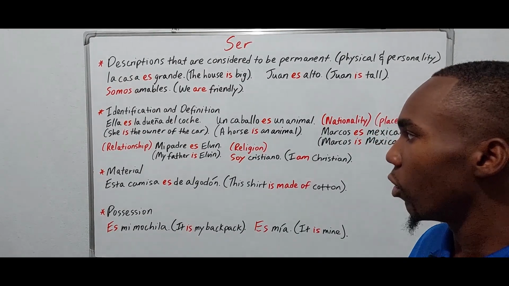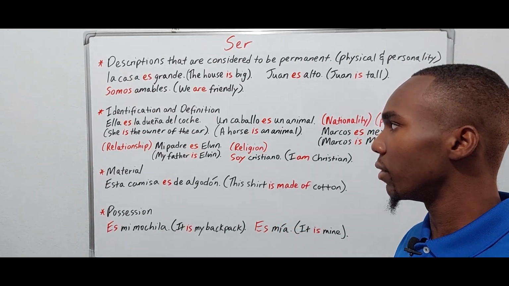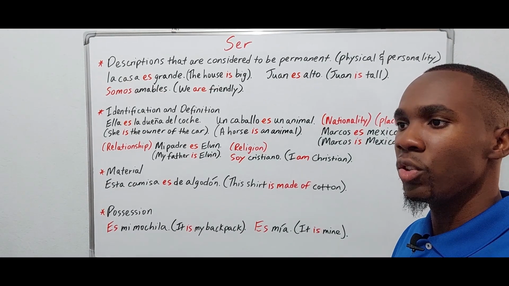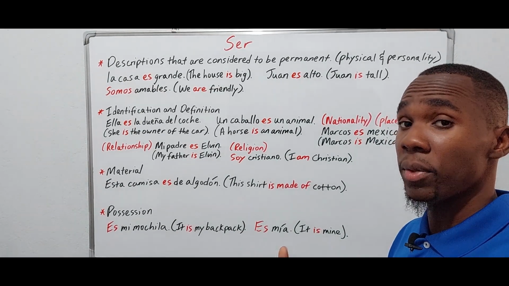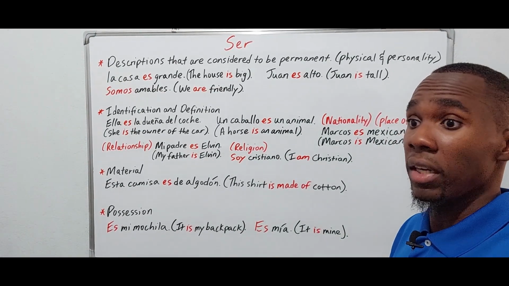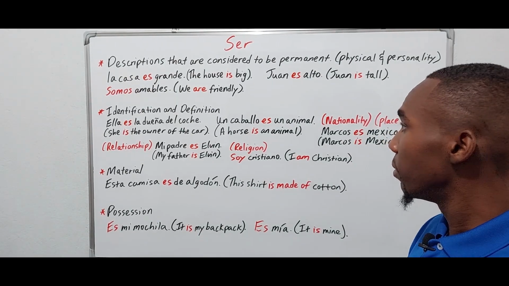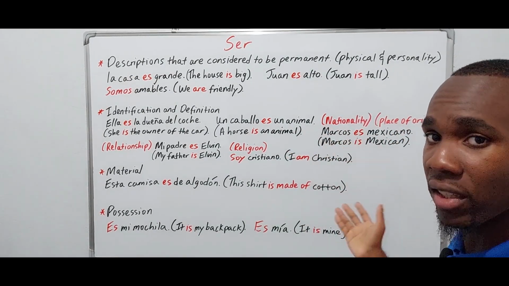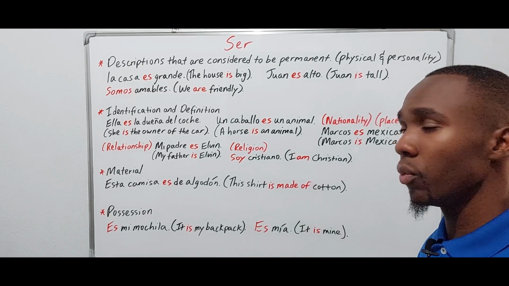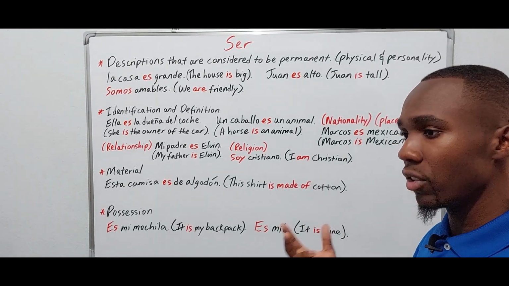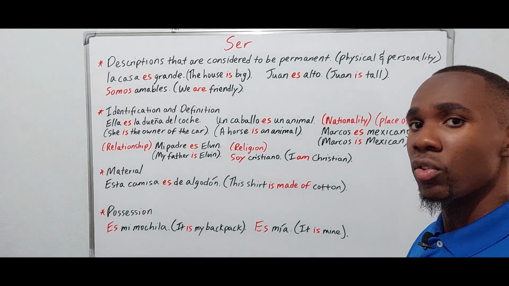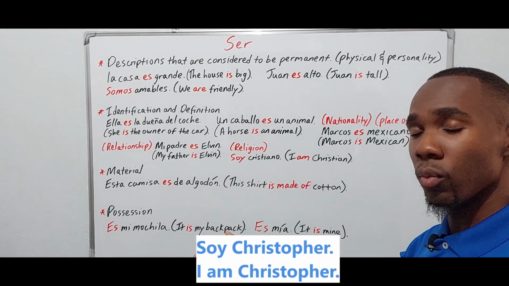All right. So identification. What do we use to identify persons? So we identify persons by their name, right? And also by their nationality. So name could have been another way we identify someone. And as you know, we say soy whoever our name is.